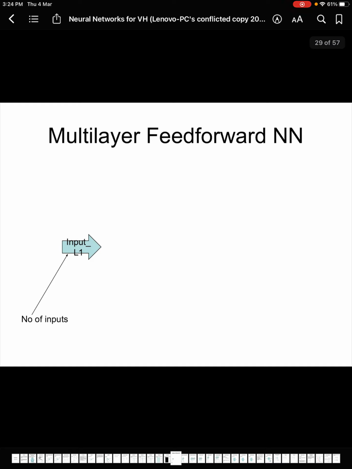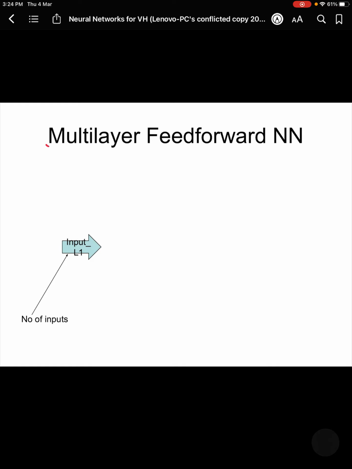So let us try to see what a multi-layer feed-forward neural network is. Suppose this is the input layer, the first layer where the inputs are there. Only this part is shown, and from there the weights to different neurons will go.